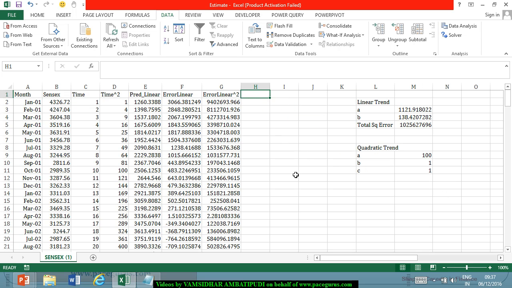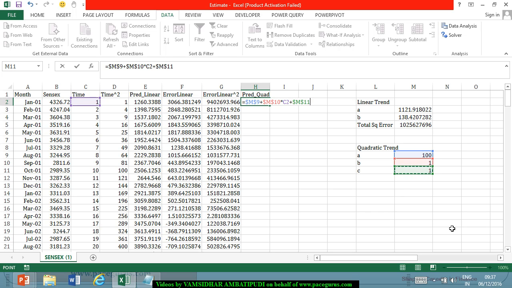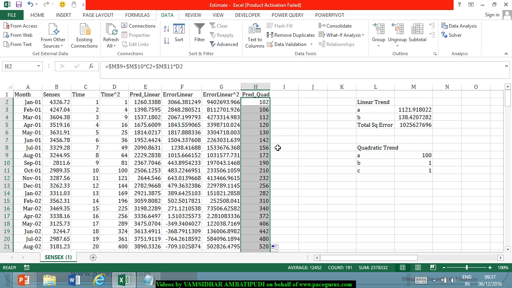Now based on that I have predicted quadratic values, which will come out as A plus B times X plus C times X squared, which is the time squared. So this is what is coming out as the predicted values.